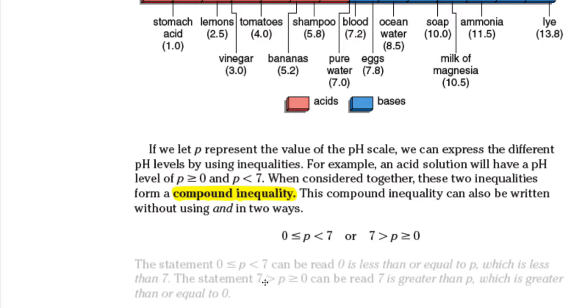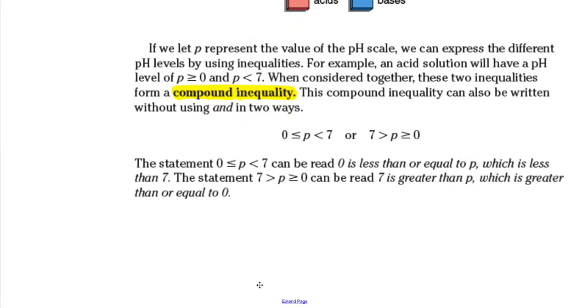So the statement 0 less than or equal to P, which is less than 7, can be read as P is greater than or equal to 0 and less than 7. The statement 7 greater than P greater than or equal to 0 can be read as 7 is greater than P, which is greater than or equal to 0.